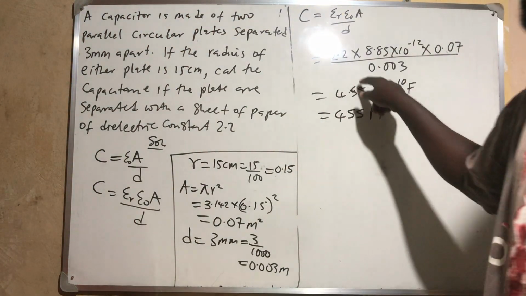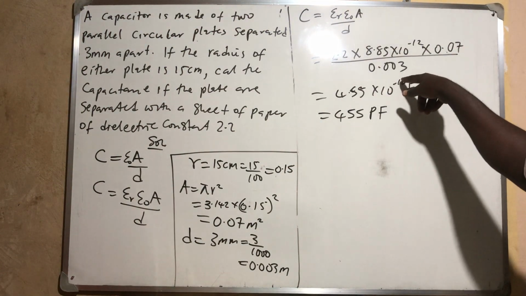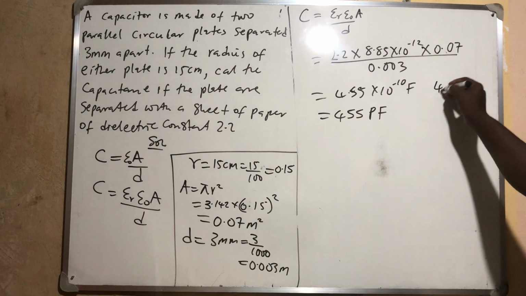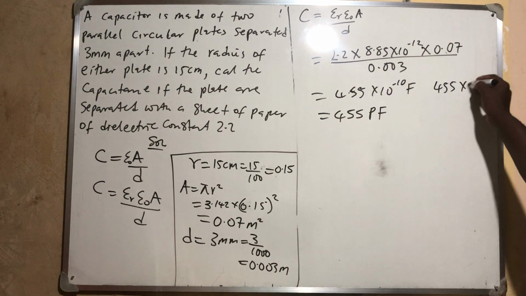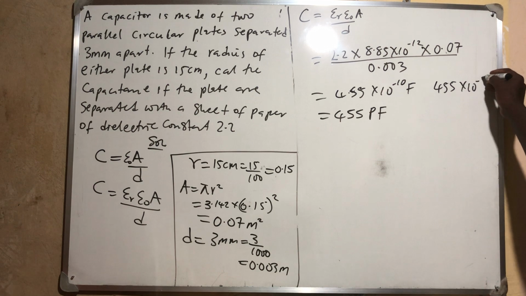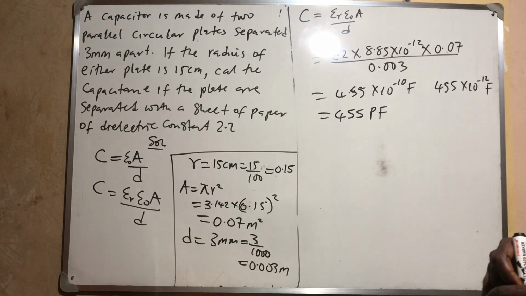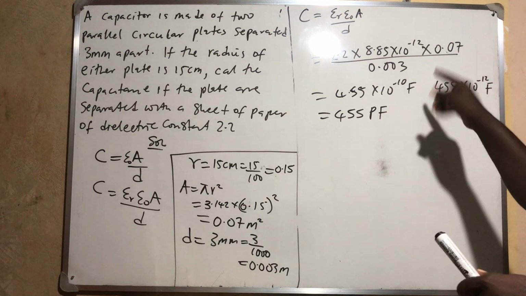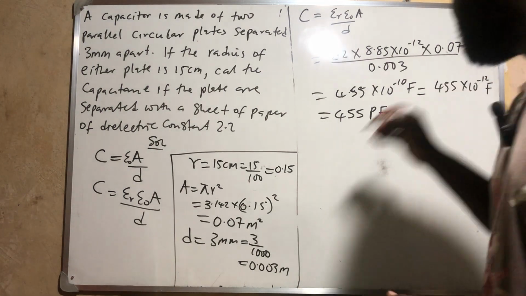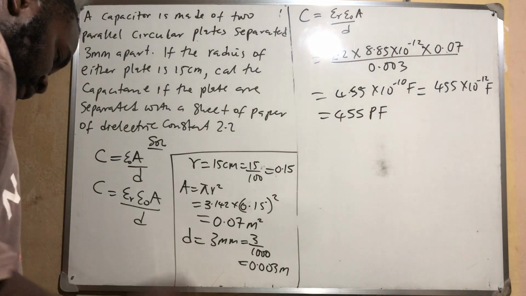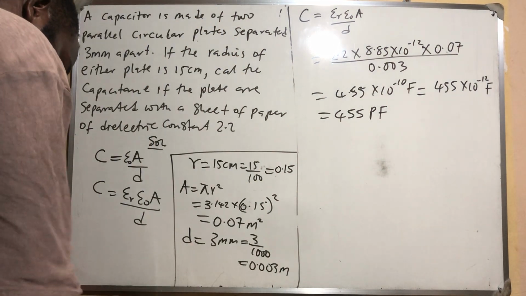If you move this one to the front, it becomes 455 times 10 raised to the power minus 12 farad, and minus 12 is picofarad. All right, so that is that for that. So the next question.